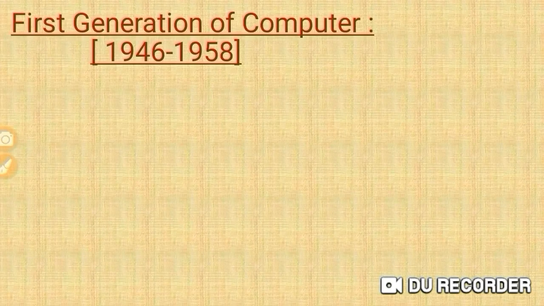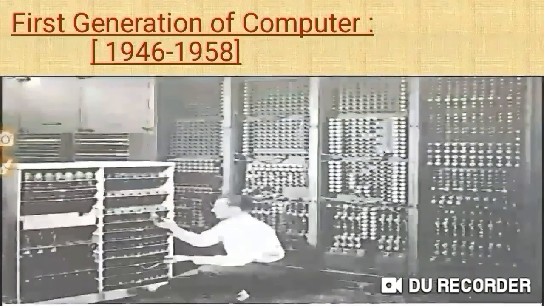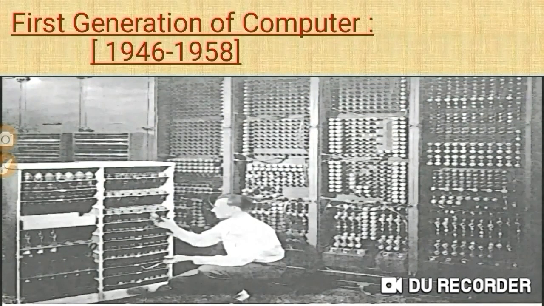First generation of computers. This generation of computers was very big in size. They almost took the space of an entire room. Why were they very big in size? Because they used 17,000 to 18,000 vacuum tubes. These vacuum tubes were the technology used in this generation of computers.